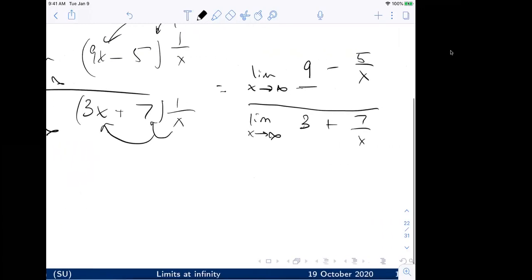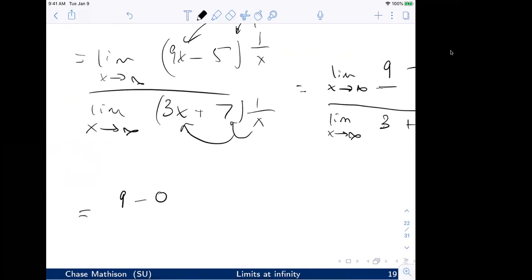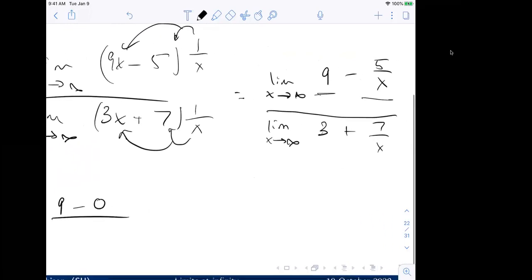And then what's the limit as x approaches infinity of minus 5 over x? That's 0. Very good. So 9 minus 0 divided by, what's the limit as x approaches infinity of just 3? 3. Very good. Plus, what's the limit as x approaches infinity of 7 over x? 0. Very good. So I'm going to be left with 9 over 3, which is 3.